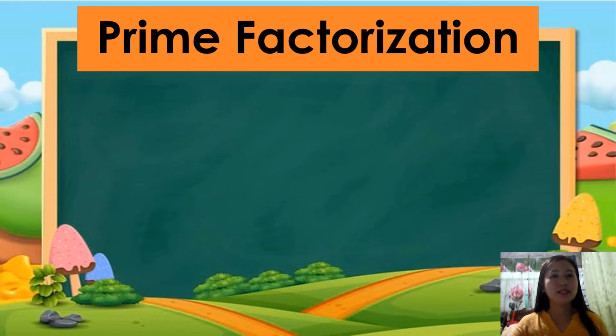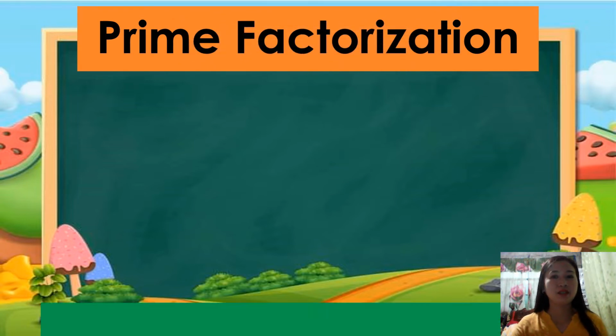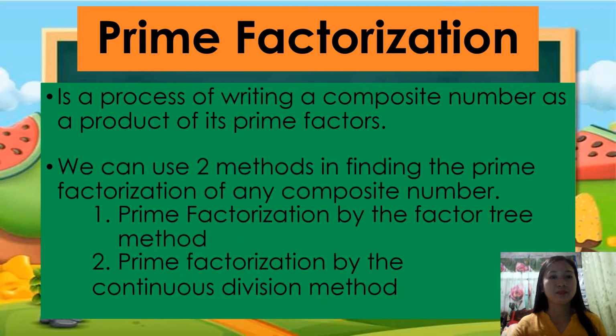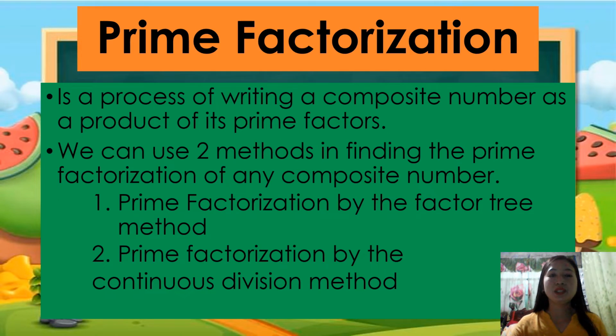Let us now first discuss prime factorization. When we say prime factorization, it is a process of writing a composite number as a product of its prime factors. We can use two methods in finding the prime factorization of any composite number.